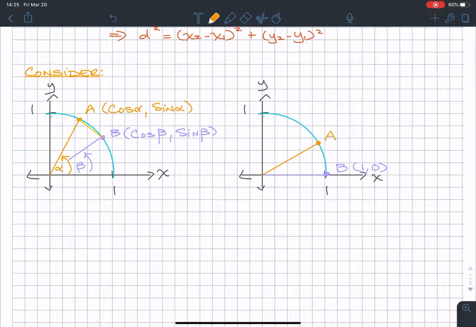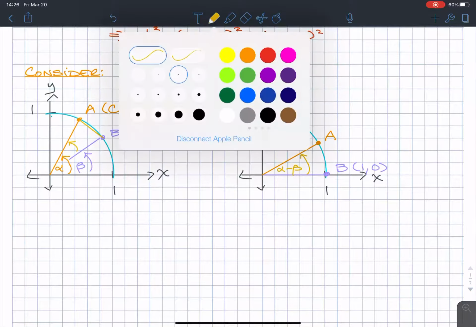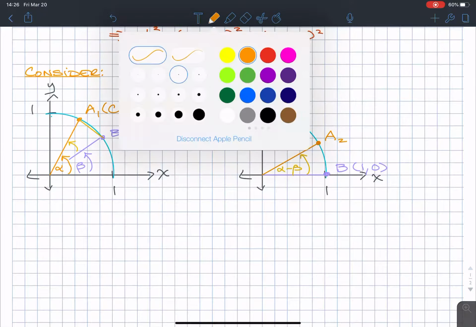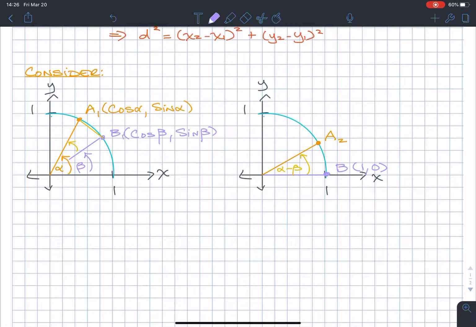So, what is the angle? Basically, I'm looking for this angle here. What is the angle between the two? Well, I claim that this is alpha minus beta, the larger angle minus the smaller angle. So therefore, let's call these A1, A2, B1, and B2.